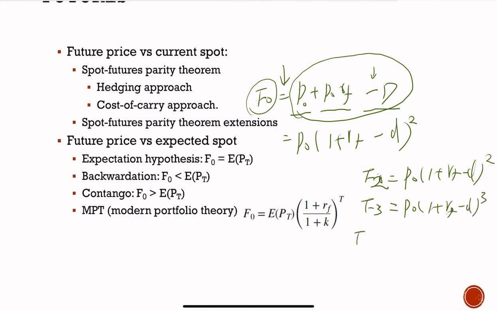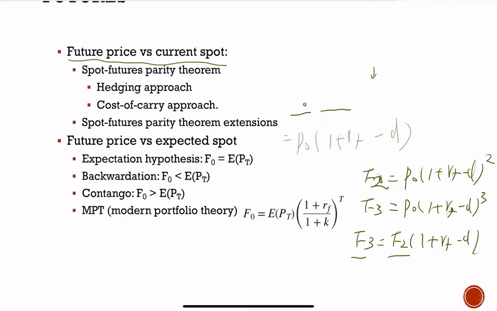So this tells you F3 equals F2 times 1 plus RF minus D, right? So this result basically tells you how futures prices at different times are related. And the spot futures parity theorem tells us how future price and current spot price are related.